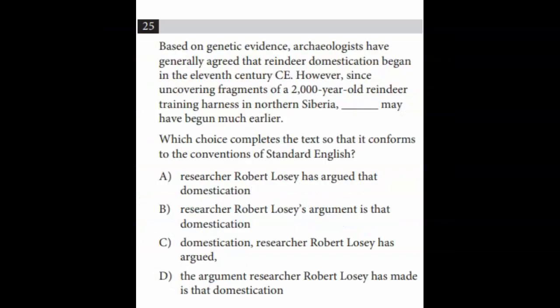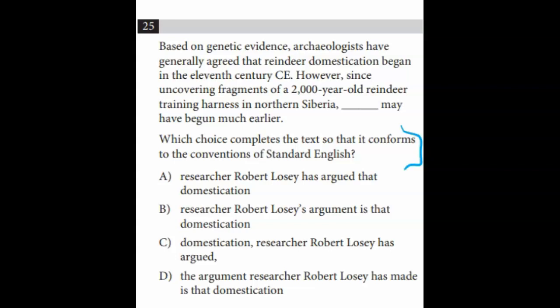All right, number 25. Looks like it's going to be testing our grammar again. So let's look. Based on genetic evidence, archaeologists have generally agreed that reindeer domestication began in the 11th century CE. However, since uncovering fragments of a 2,000-year-old reindeer training harness in northern Siberia, researcher Robert Losey made an argument that it may have begun much earlier. Sweet.